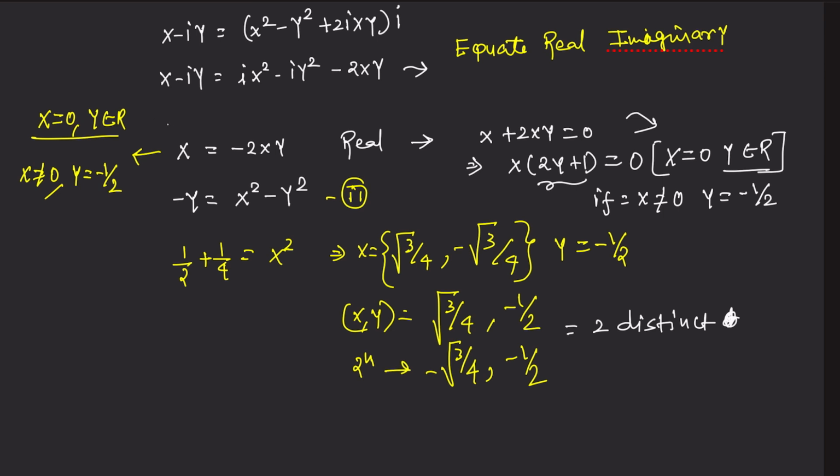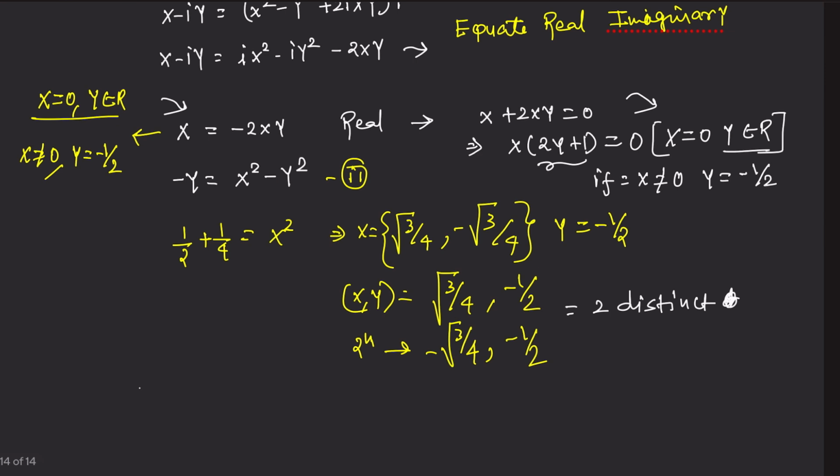Now, if x is 0, what could y be? We have checked in the first equation that x could be 0 and y could be anything, but we have to check the second equation also. The second equation says minus y equals x square minus y square, so we put x equal to 0 and get minus y equals minus y square. What do we get for y? y square minus y should be 0, so y times (y minus 1) should be 0.